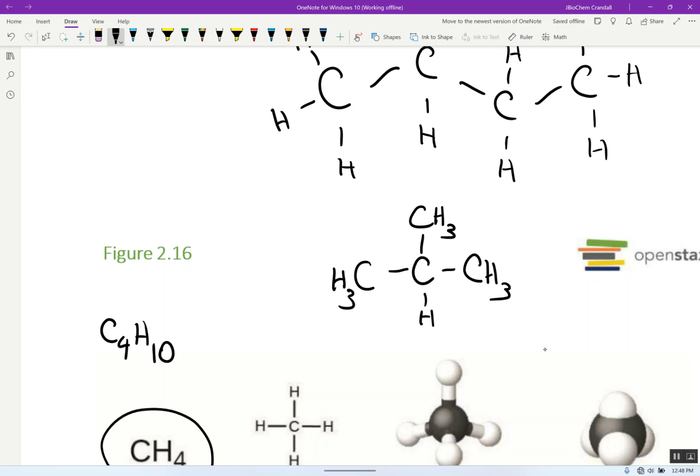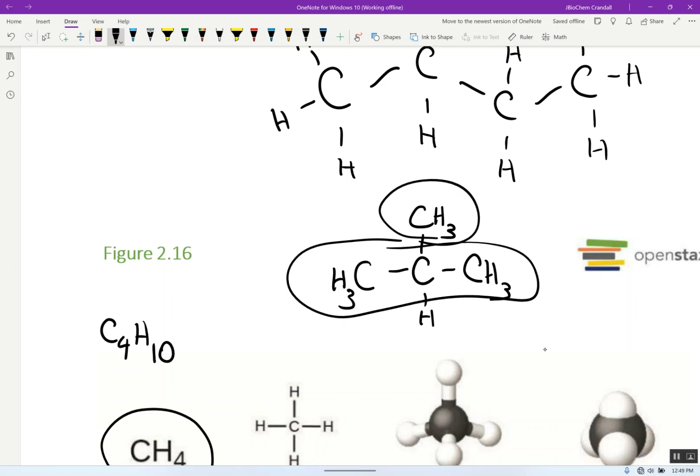And here, once again, I have the structural formula of this methylpropane. This is the methyl group, CH3, and this is a propyl group, or propane. So methylpropane. Okay? But both of them have this same chemical formula, C4H10.